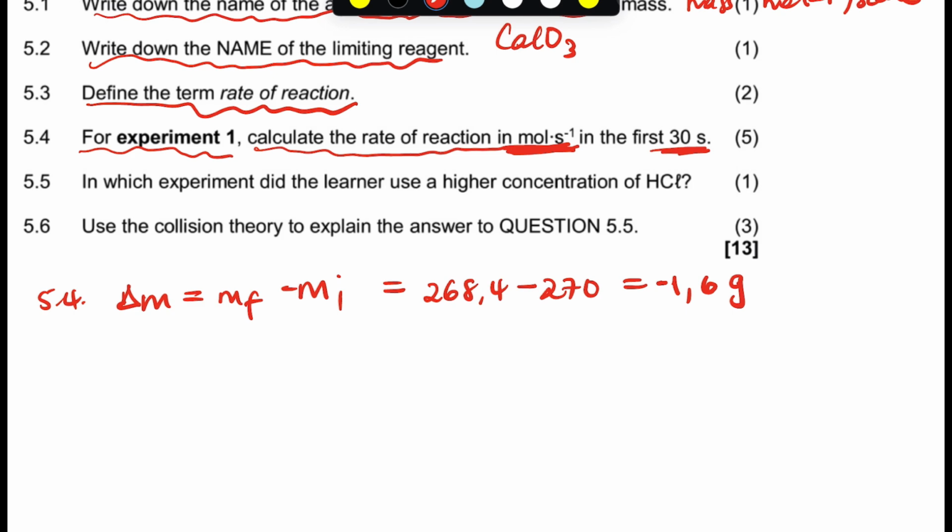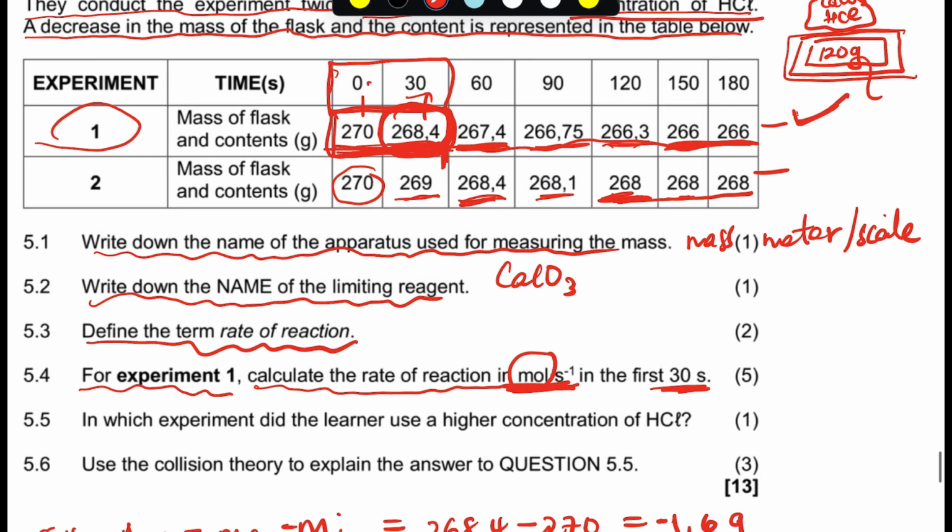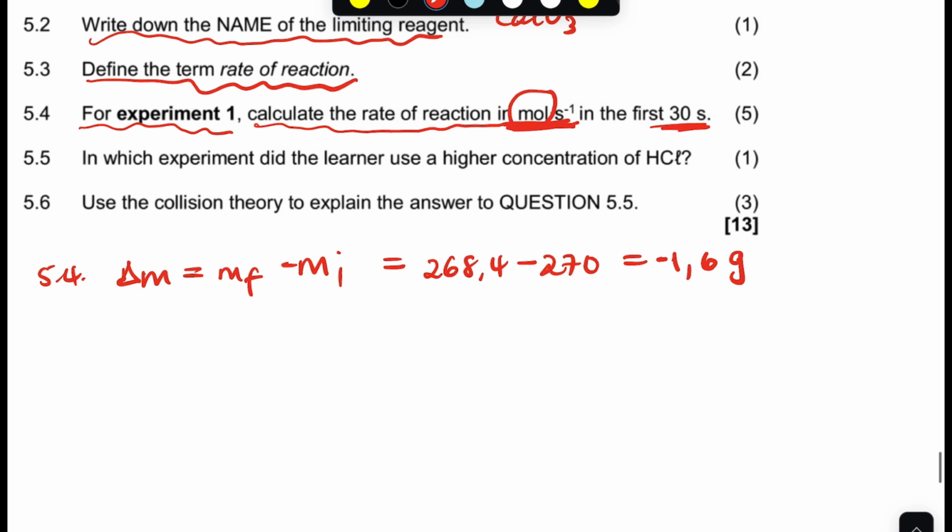And then, since they said they want it in mole per second, the difference in the masses here is 1.6. So our rate is going to be the change in number of moles divided by the change in time, because it must be mole per second.